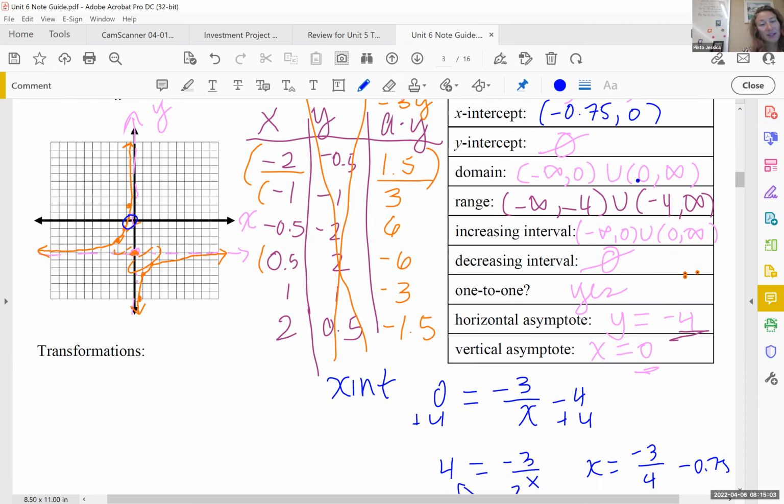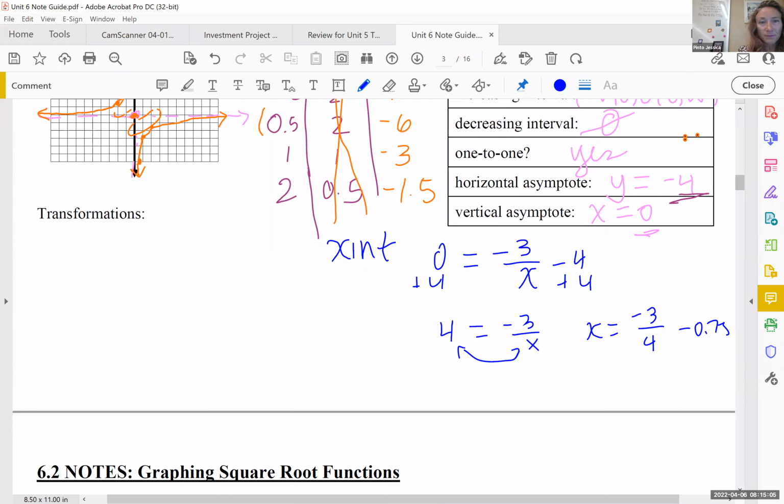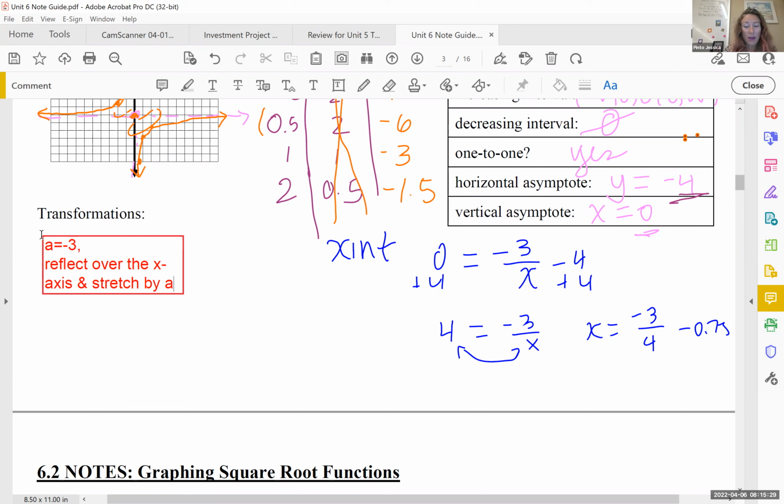And then now we're going to list the transformations. So the a value, negative 3. So to describe that, I'm going to say reflect over the x axis. That's for the negative part. And stretch by a factor of 3 because it was 3.